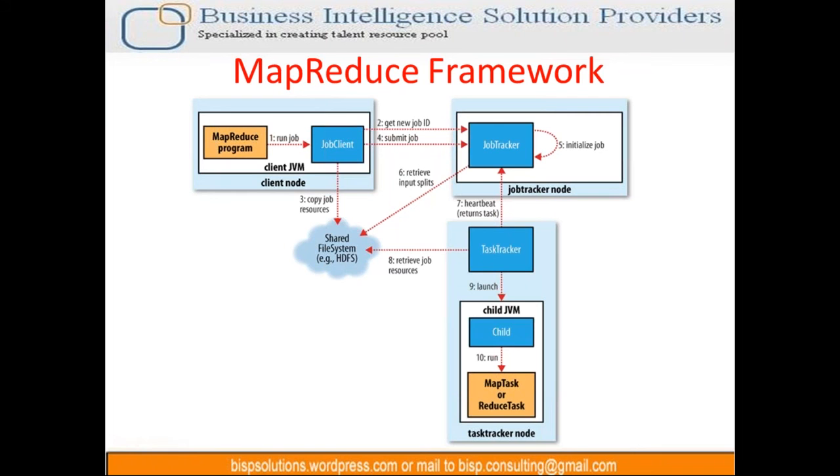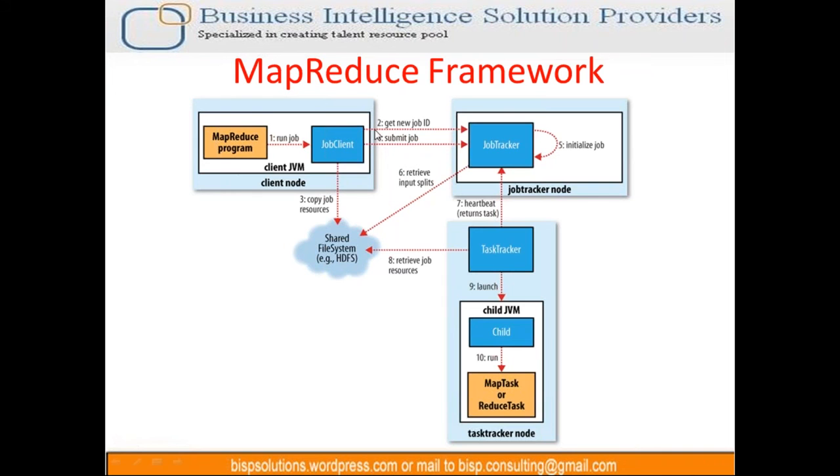The first thing a MapReduce program will do is talk to the job client, and the client will talk to the master to get a job ID. Each MapReduce program will get a job ID. This is the first step. And this job ID will be a unique number to identify a job.